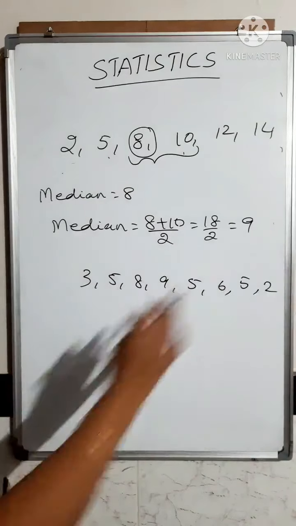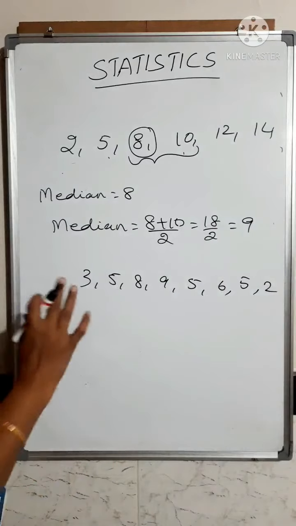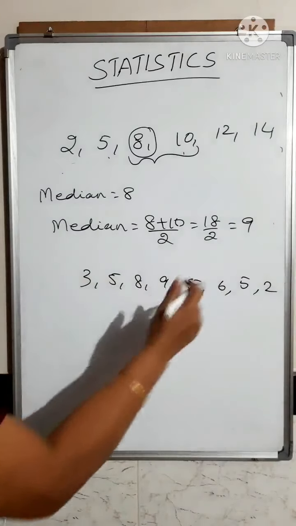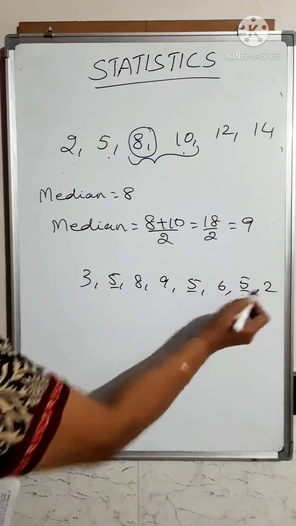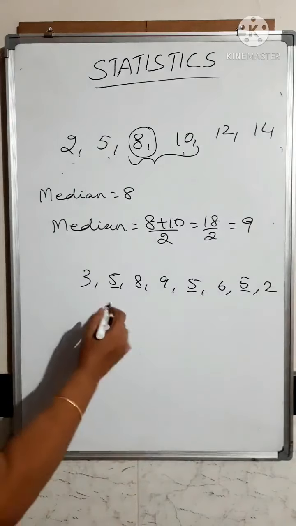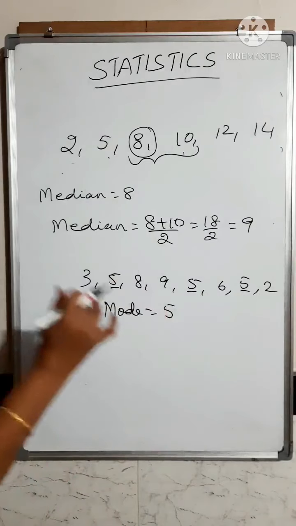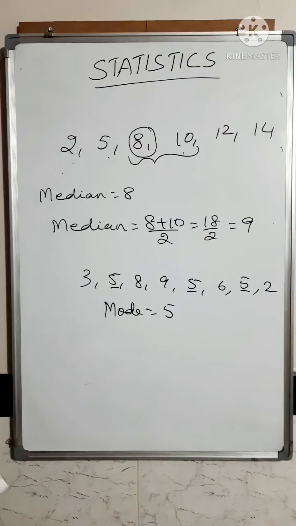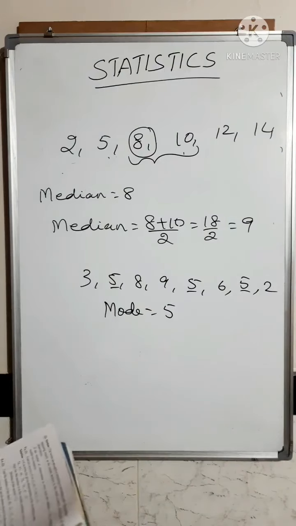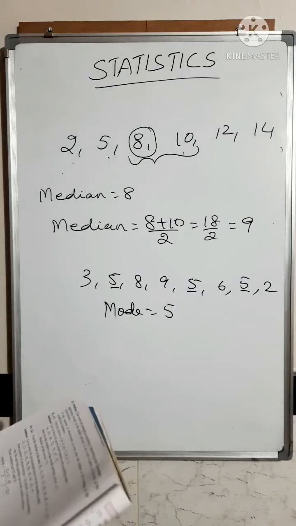So like this scores are given. So which is the score which is repeated many number of times? You have got 5 repeated 3 times. So therefore the mode is equal to 5. So you have to only write this one. That is the score which is repeated maximum number of times is called the mode. So mode here will be equal to 5.